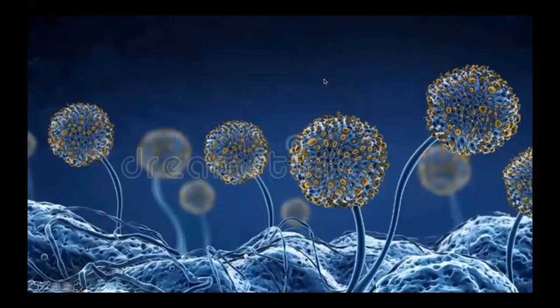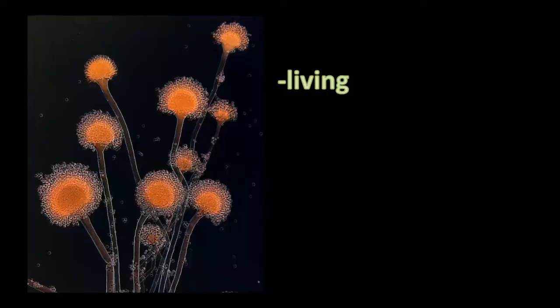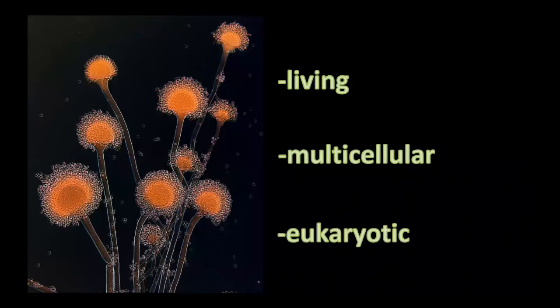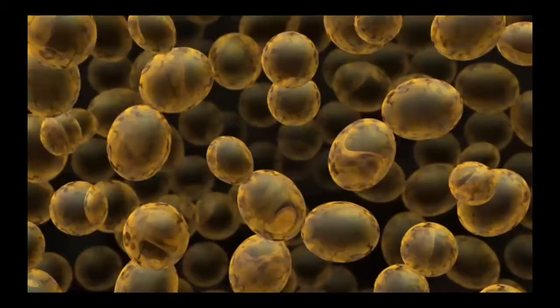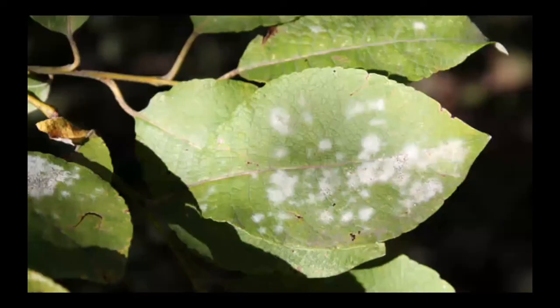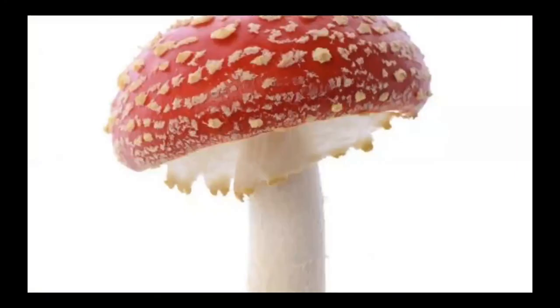Finally, we have fungi, the 6th agent of disease you are probably familiar with. Fungi are living, multicellular, eukaryotic organisms. This category includes, and this might look a little gross, yeasts, mildews, molds, and mushrooms. But there are also microscopic varieties.